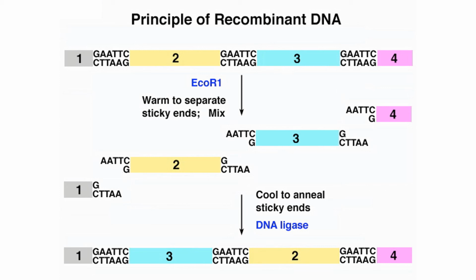And this is just an application where we're not actually inserting a specific gene of interest, but we are rearranging the order of these sequences and seeing what effect that will have on function.